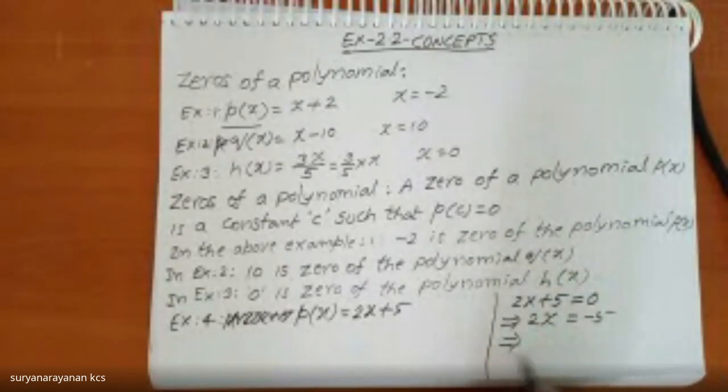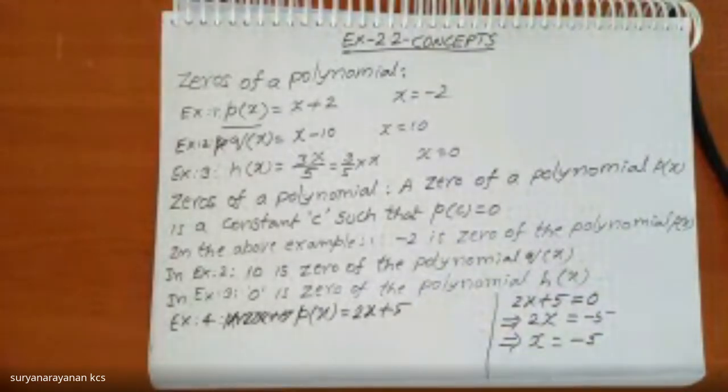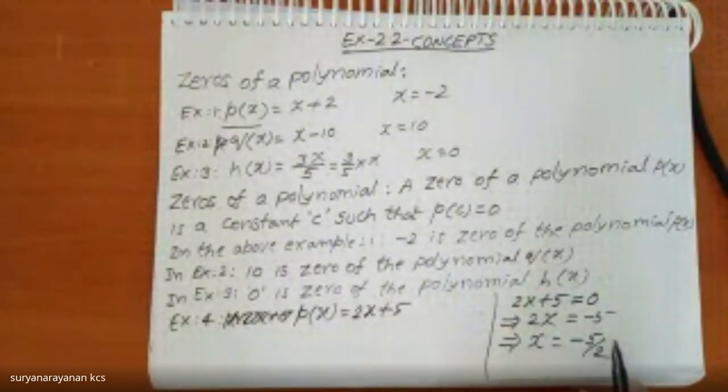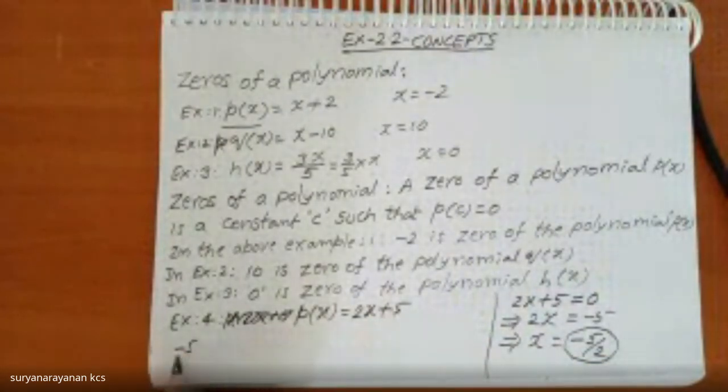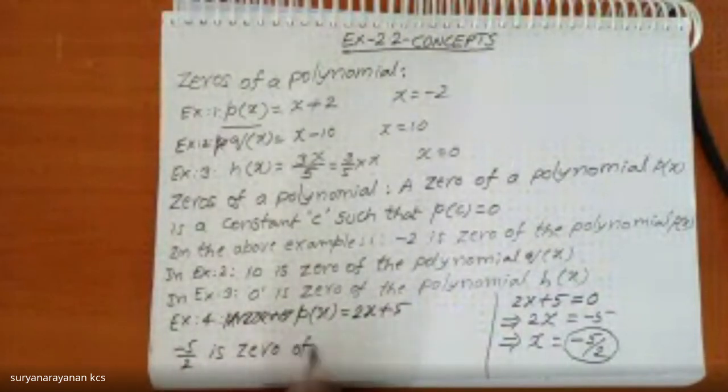Then x is equal to, again if you transpose 2 to the RHS, minus 5 by 2. So this value of x is said to be the 0 of the polynomial. Minus 5 by 2 is the 0 of the polynomial.